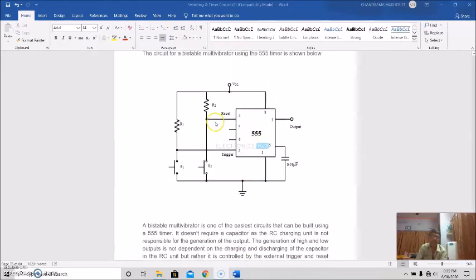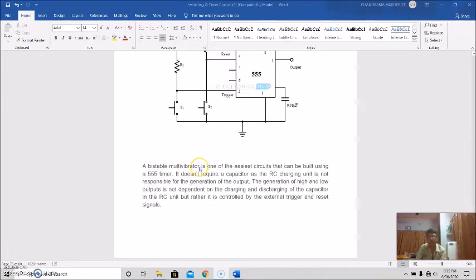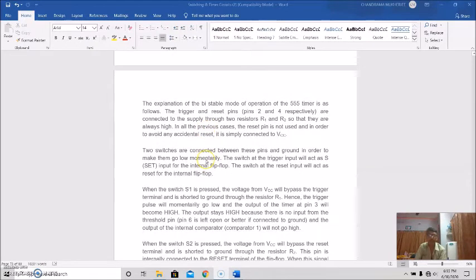Here also it is connected, not directly, but through resistor R2, so that is not used in the case of the astable and monostable multivibrator circuits using the 555 timer. In this case it is not simply connected to VCC.